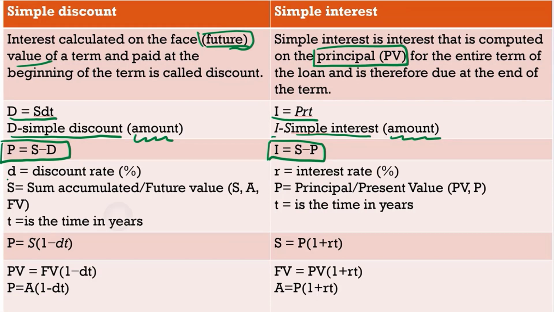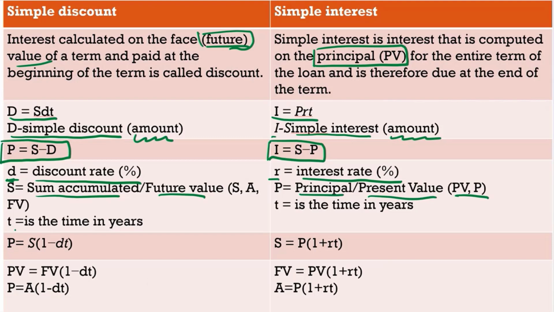You've got the discount rate, a small variable that is a discount rate. You've got R, which is an interest rate percentage. Here you've got the sum accumulated, the future value. And here you've got the principal, the present value. I've put these along each other.